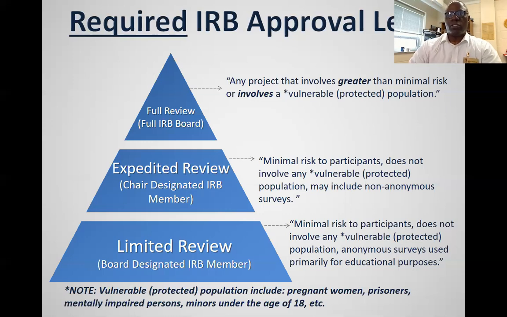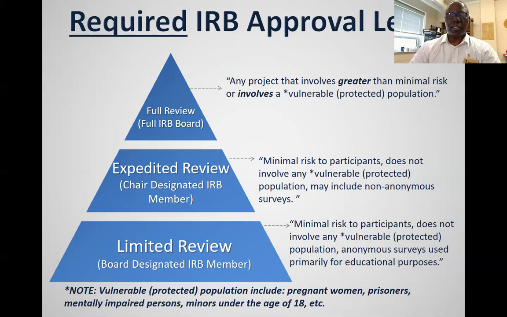All right. So these are the three levels of IRB review. What we are doing in our CJ430, 450 course is limited review. The IRB chair has given me permission, and the board has given us permission, to do limited reviews of IRB applications.